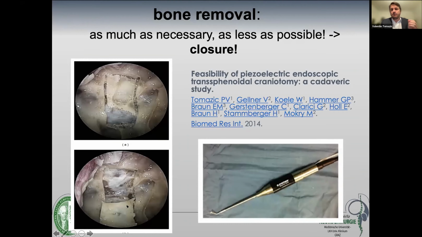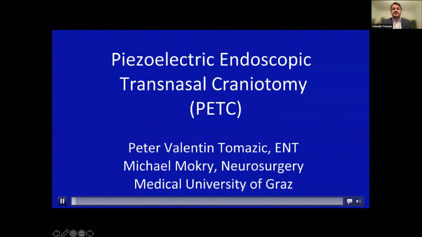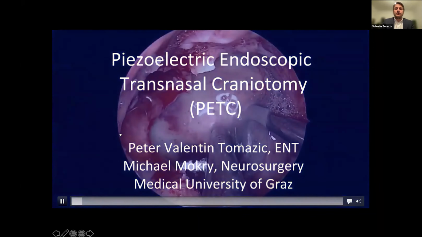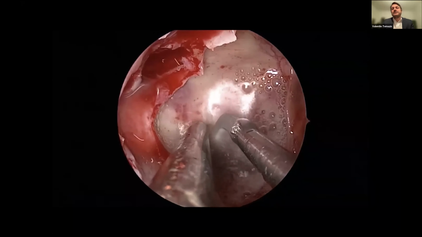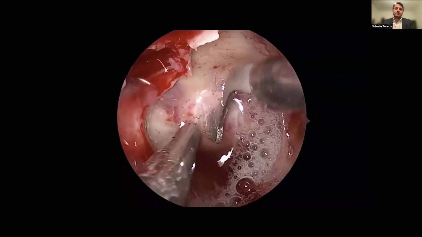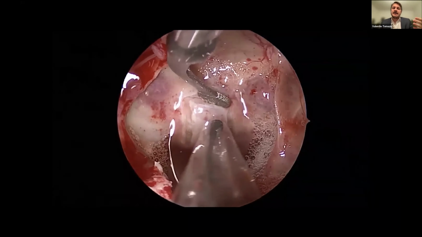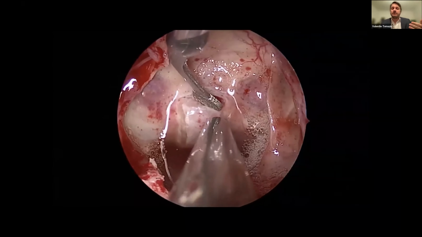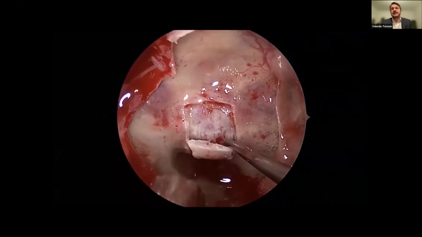You can harvest bone flaps and then put them back for later reconstruction. And I show you in this video that we did together with the neurosurgeon how elegantly you can cut the bone here and create an opening, a window into the sellar floor without harming the dura, because the piezo effect only cuts mineral material and not soft tissues, so the dura underneath is unharmed.